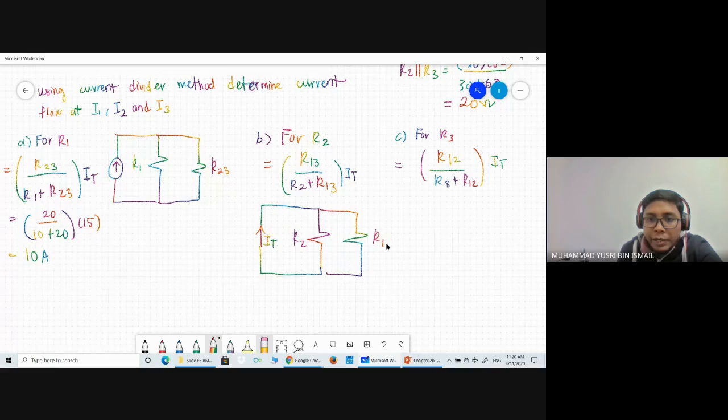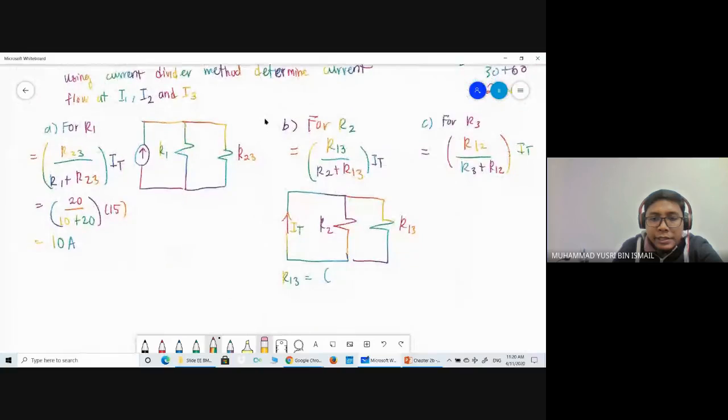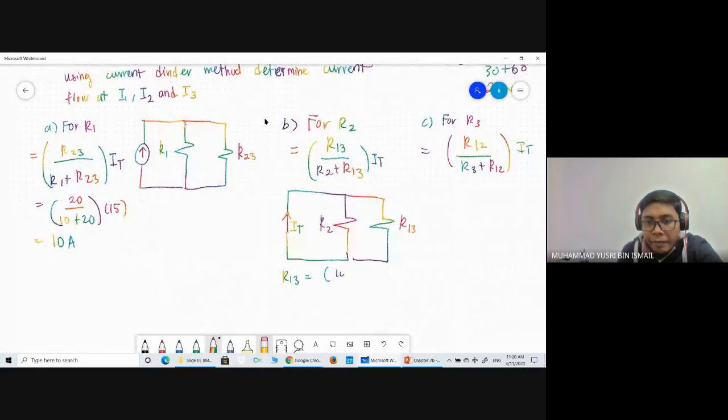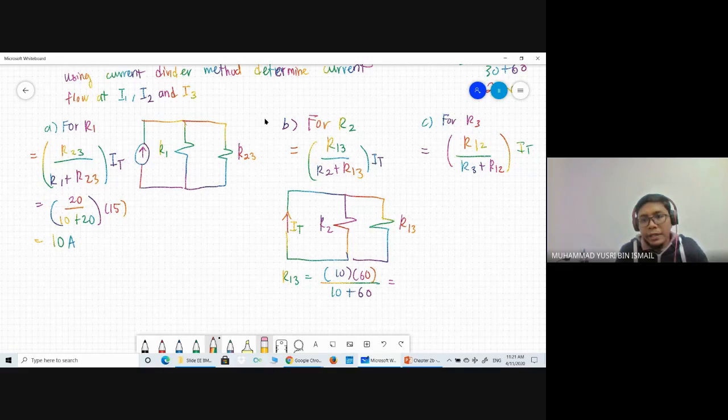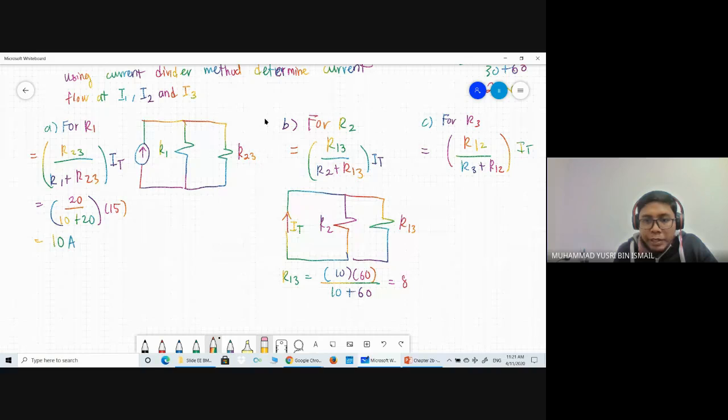So this is R13. R13 is equal to 10 times 60 divided by 10 plus 60, so 10 times 60 divided by 70, which is 8.57.